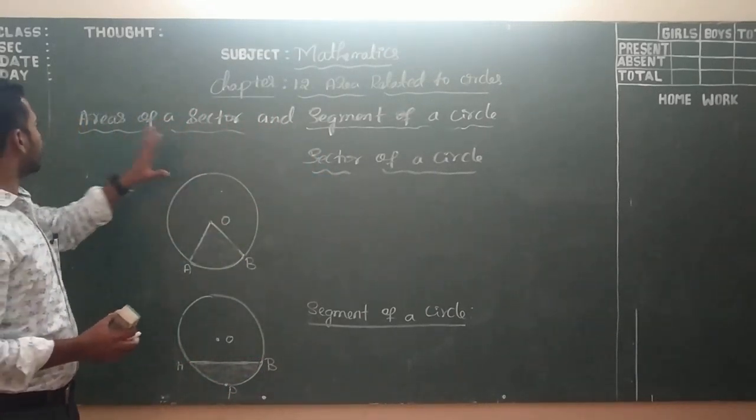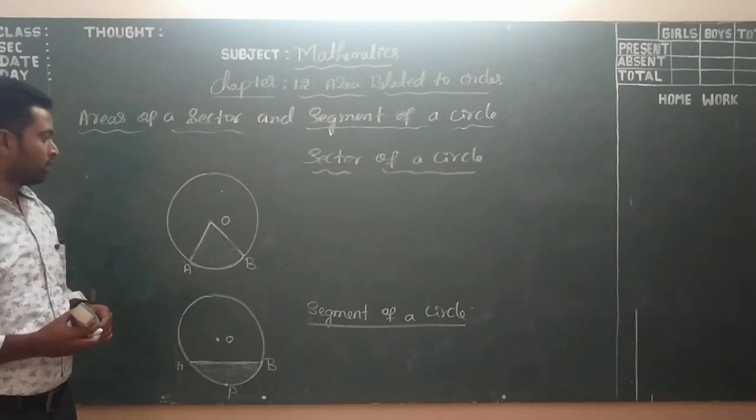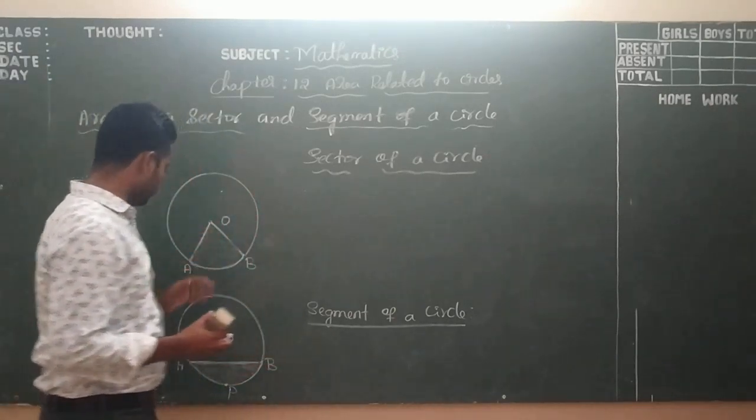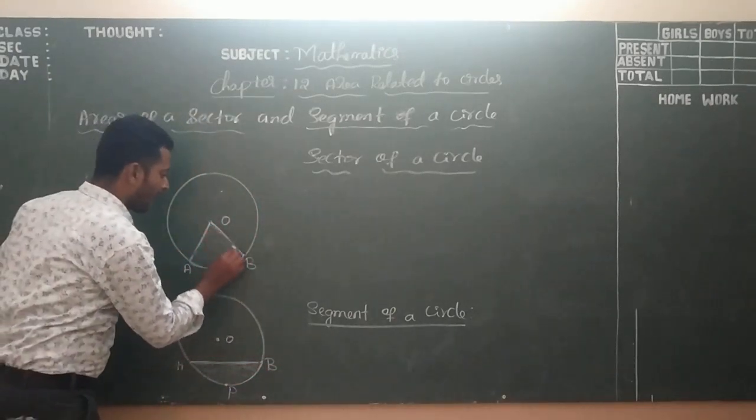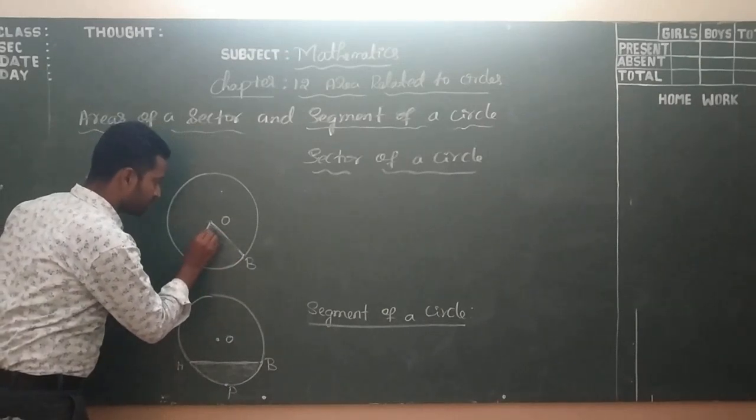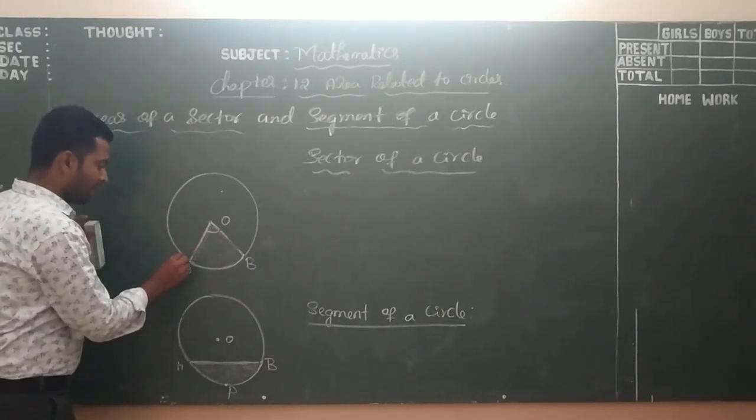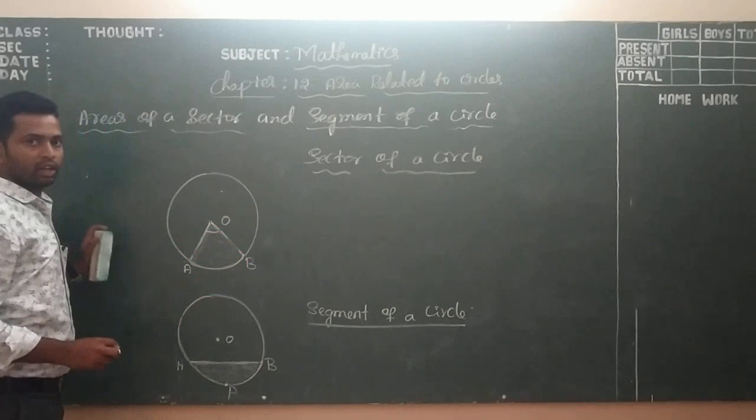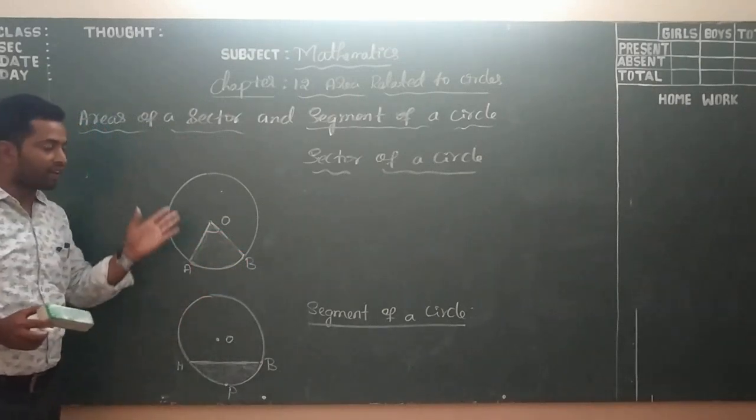So what about their areas? Before going to the area, here one angle is formed. This angle AOB is called the angle of a sector.